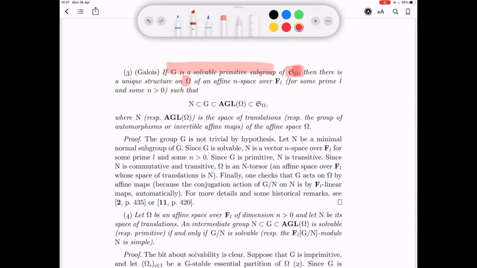Now, just because S omega has a solvable and primitive subgroup, you can give omega the structure of an affine n-space, or affine space of dimension n. The dimension of an affine space is defined to be the dimension of the vector space of translations of that affine space.